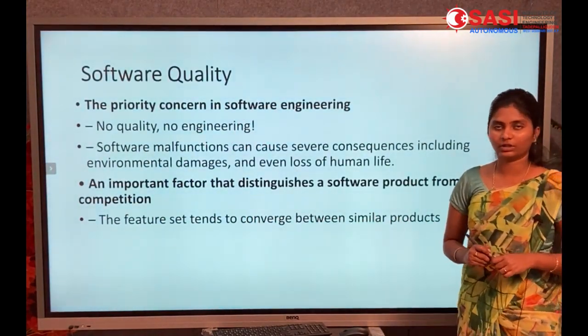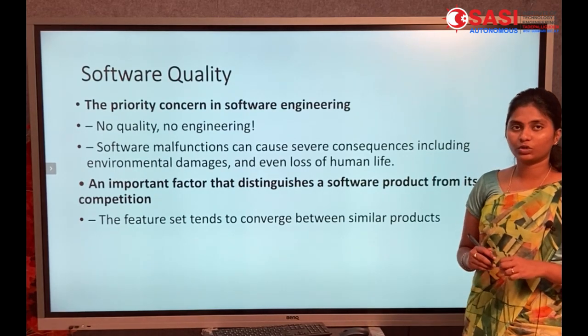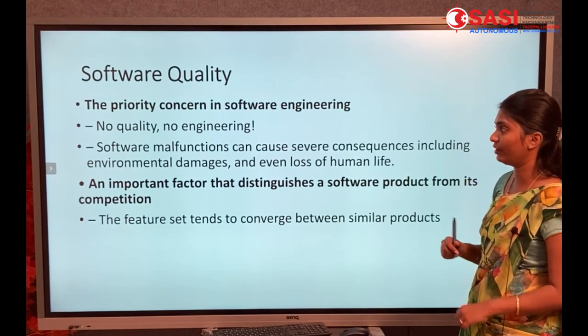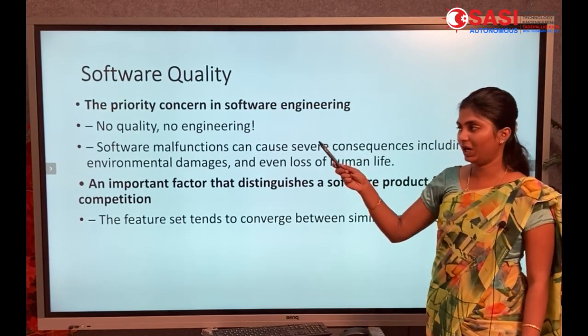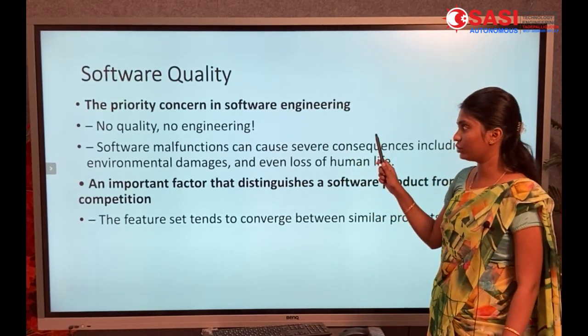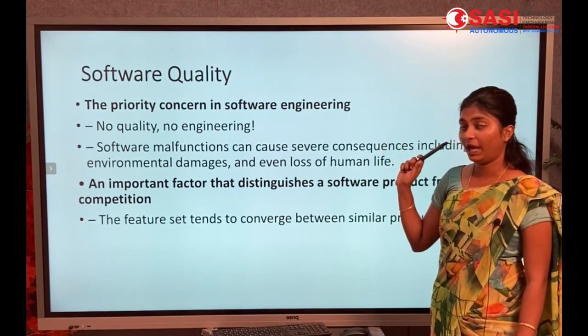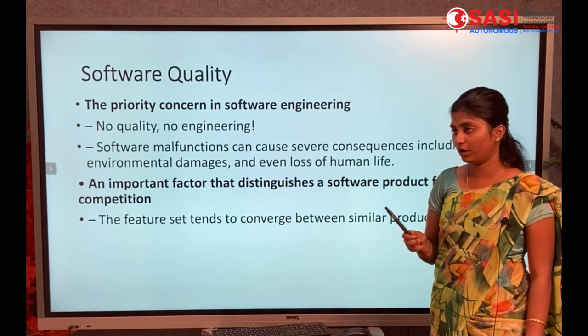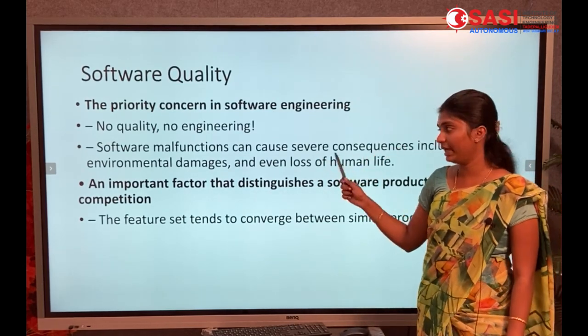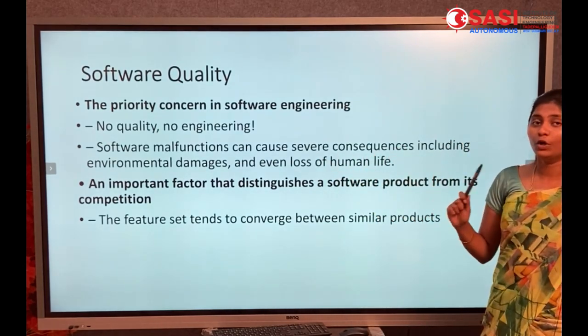Next we will go about the software quality. In software quality also we have to prioritize whether it is having a bug; if so, it will have no quality and no proper software manufacturing. And if it does not provide a bug free product, it will damage the overall environment, which can even endanger human life.